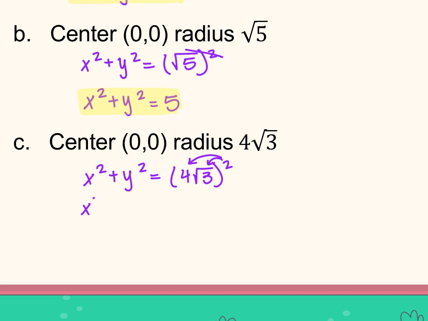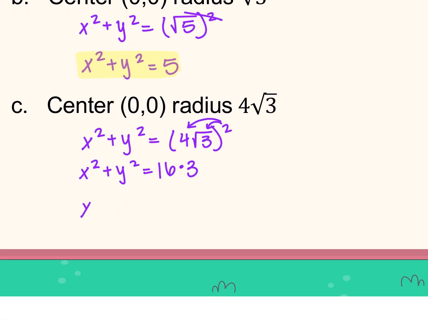I'm still going to have x squared plus y squared equals, what's 4 squared? 16 times, what's the square root of 3 squared? 3. So now I'm going to solve that. x squared plus y squared equals, what's 16 times 3? 48. And this is going to be my answer.